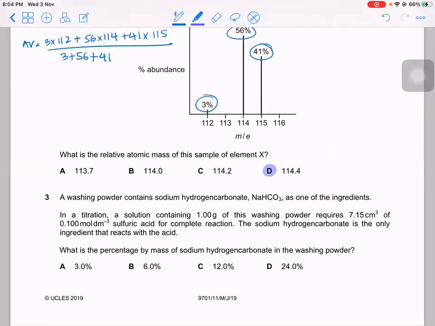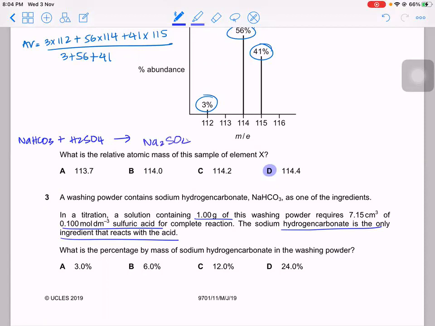A washing powder contains sodium hydrogen carbonate as one of the ingredients. So you have sodium hydrogen carbonate. This reacts with sulfuric acid. They are saying in a titration, 1 gram of the washing powder reacts with this much sulfuric acid for complete reaction. Sodium hydrogen carbonate is the only ingredient that reacts with acid. So let's see the reaction of sodium hydrogen carbonate with sulfuric acid. So this will be a complete reaction.